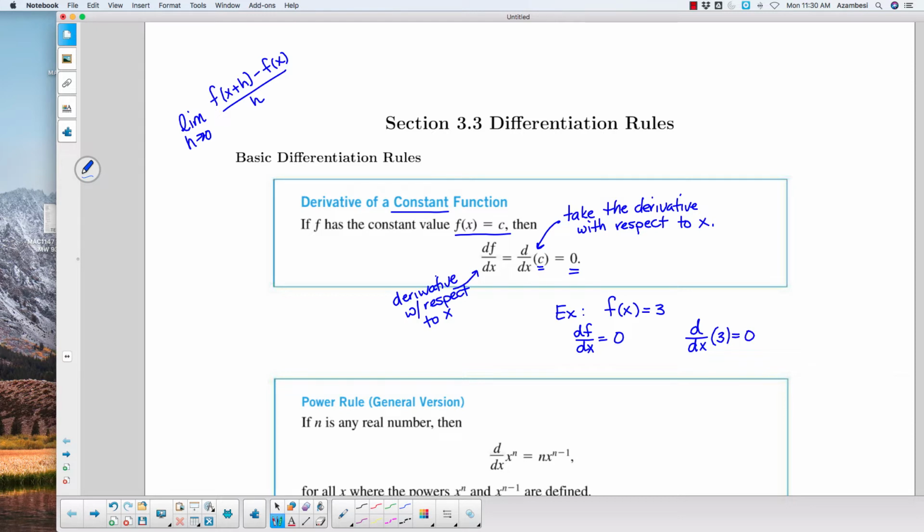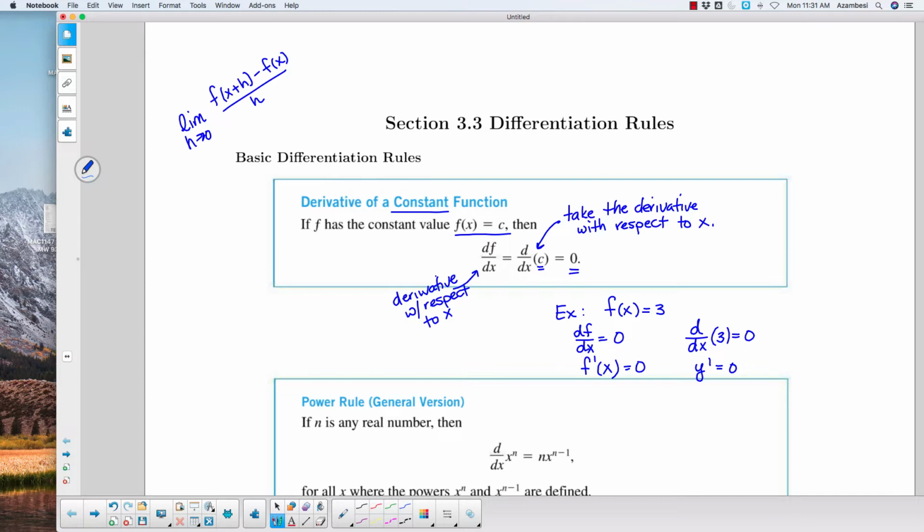That's equal to 0. And remember, we have a couple other notations as well. So you could say f prime of x is equal to 0. And you could also say y prime. So these are our notations. Here, y prime is equal to 0. All right, so that's our first rule, the constant rule. If you have a constant, the derivative of a constant is always 0.